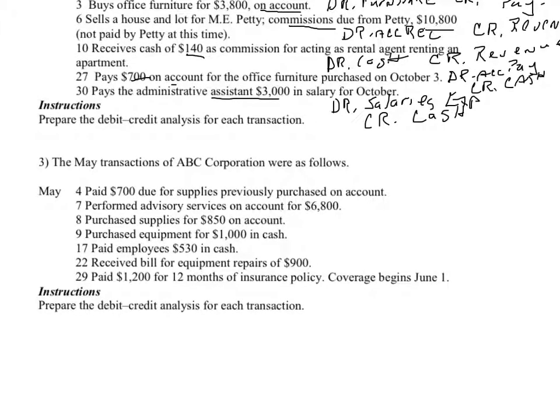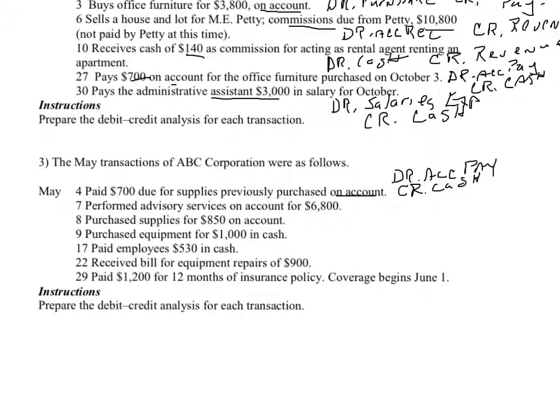Now we're looking at transactions for ABC Corporation. May 4th, I paid $700 due to suppliers previously purchased on account. So I'm paying down my account. So it's debit accounts payable. I'm paying it down, my liability, and it's a credit to cash.